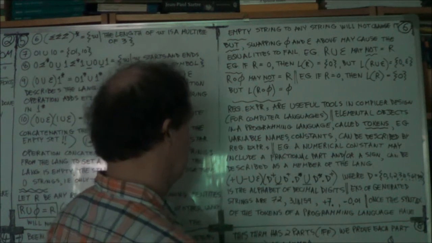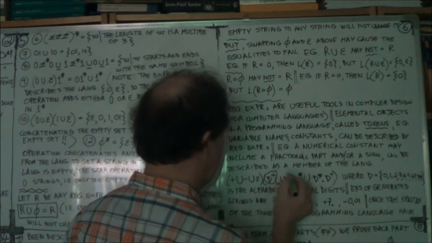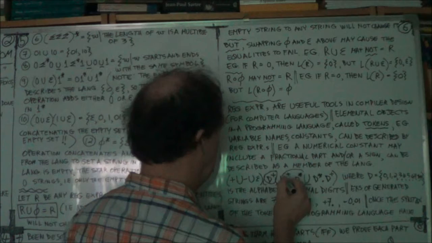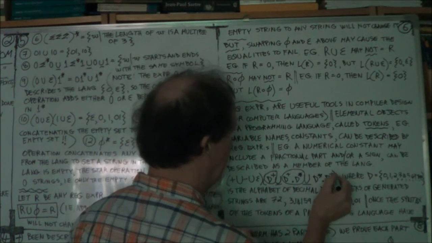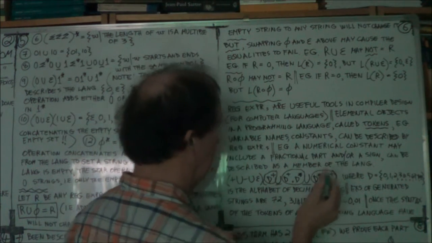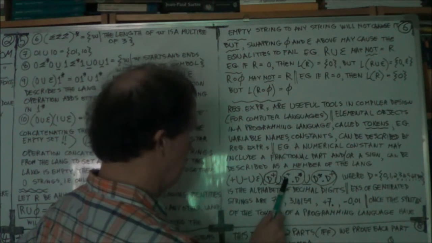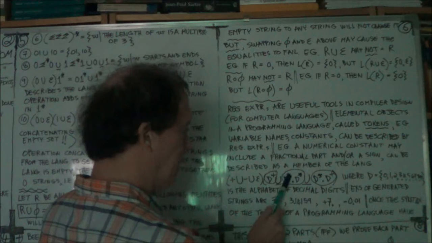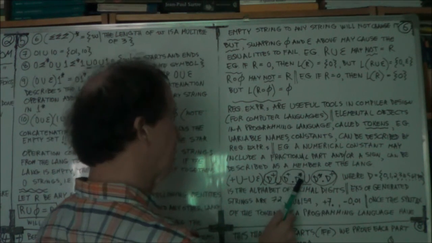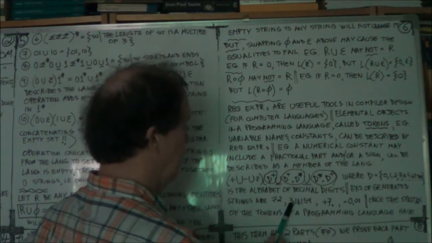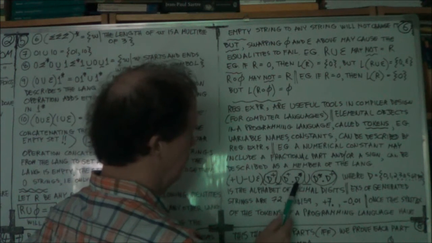Okay. Look, I'll circle them so it makes it easy to think about. Okay, so 3 corresponds to that one. You must have at least one decimal digit in front of the decimal point.